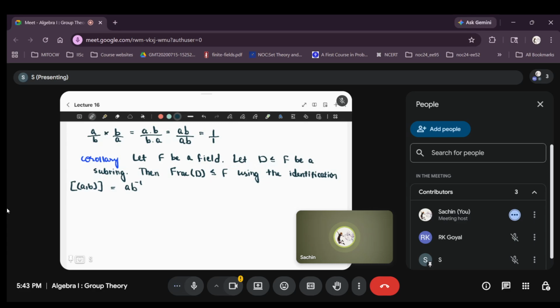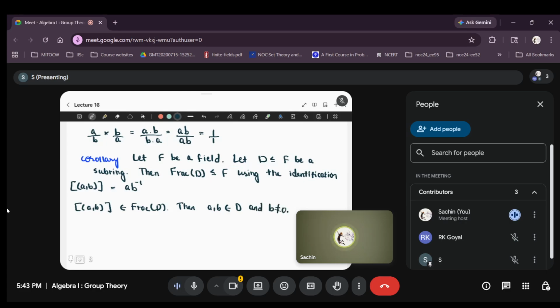This is because if a comma b belongs to frac D, then we know that a and b are elements of D and b is not a zero element.